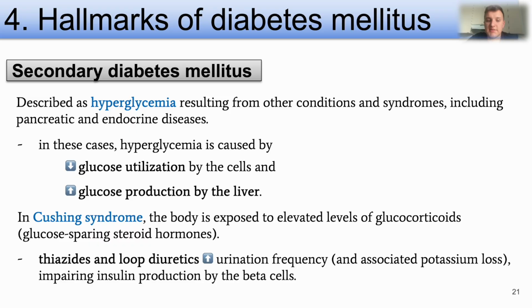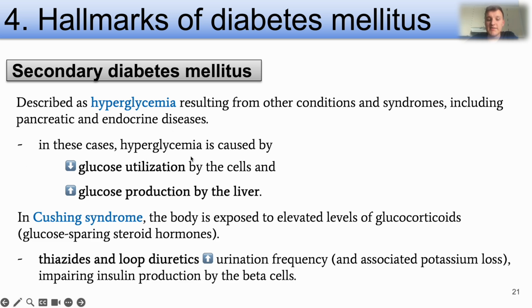So secondary diabetes mellitus is described as hyperglycemia resulting from other conditions and syndromes. You might get hyperglycemia not because of the pancreas and the typical type 1 and type 2, but because of other syndromes. For example, pancreatic and endocrine diseases.